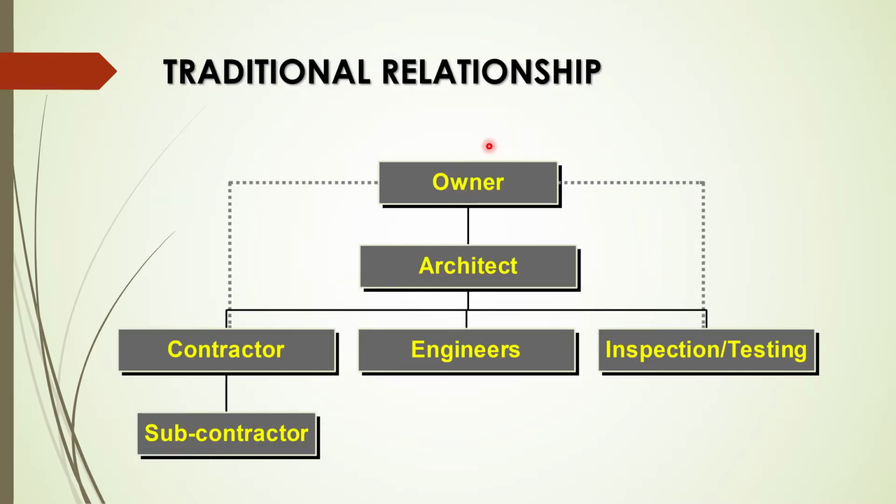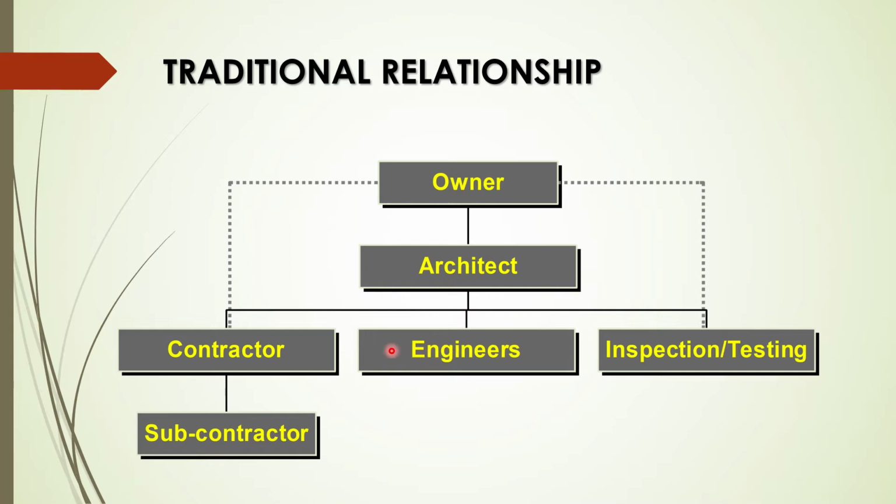So a traditional relationship, typically the owner wants to build a project, he'll hire the architect, okay, and then the architect and engineers work together. So this is typically what I did in my years of engineering, I'd be working for the architect because we'd have to work closely together to figure out how that building was going to be designed and constructed.